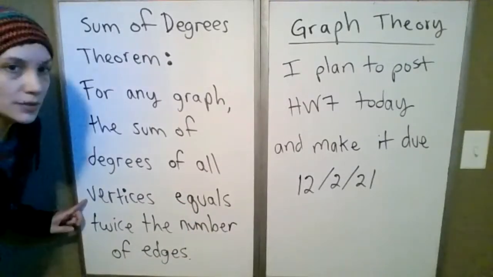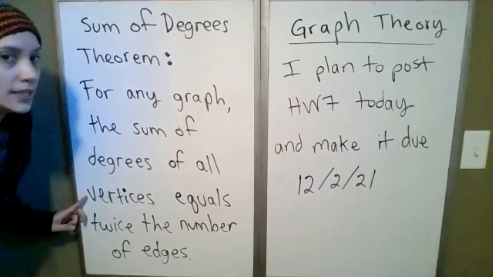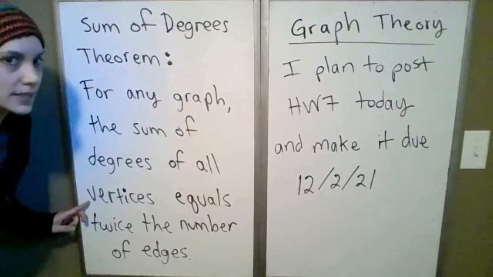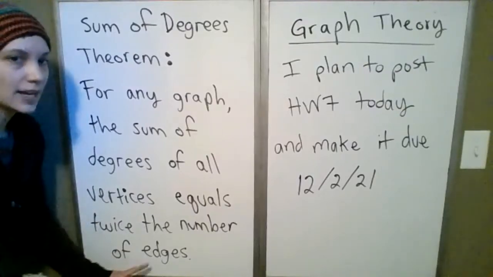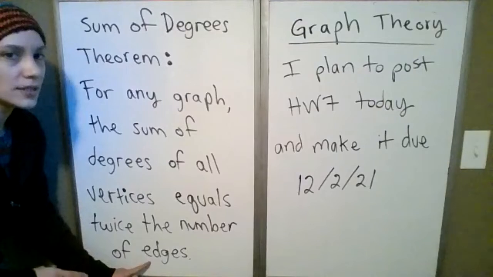Okay, so the vertices are the dots, and the degree for each dot or each vertex is how many edges go to that vertex. And again, edges are the lines or the connections from dot to dot.